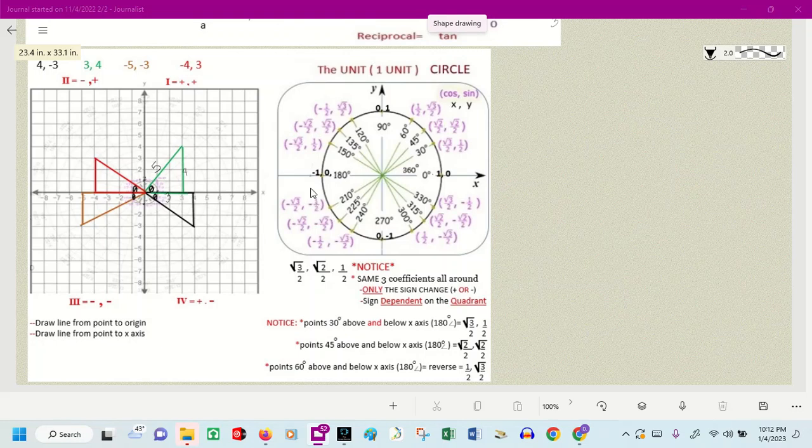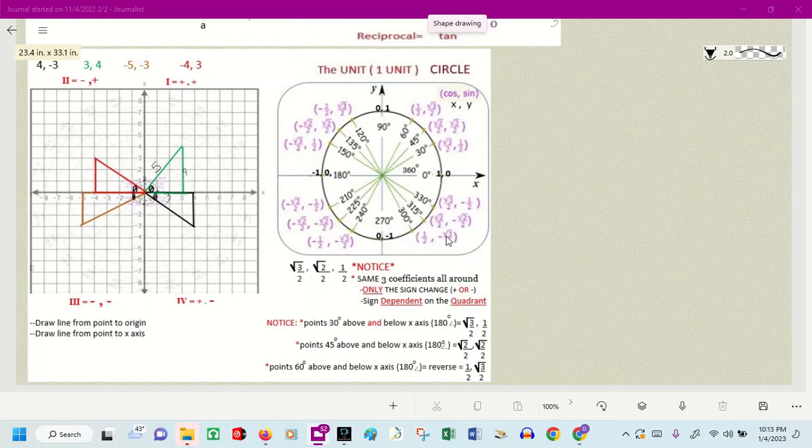No matter where we go, we see the same number, square root 2 over 2, 45 degrees up or 45 degrees down. And at 60 degrees up from 180 or 60 degrees down from 180, over here or over there, we will see the opposite of 30 degrees.